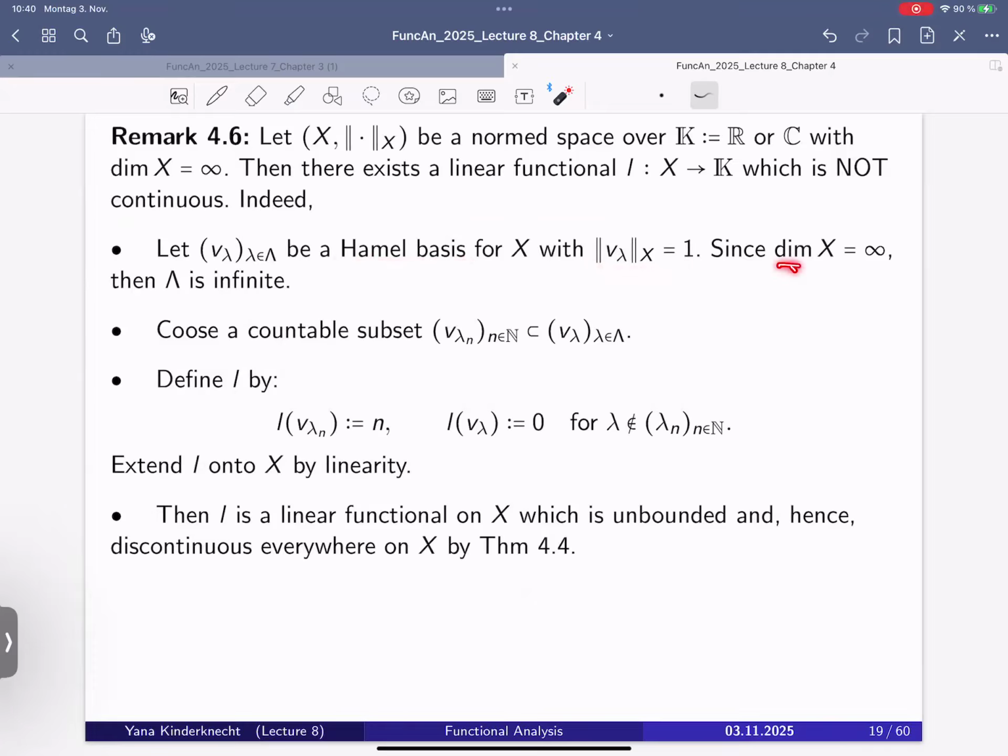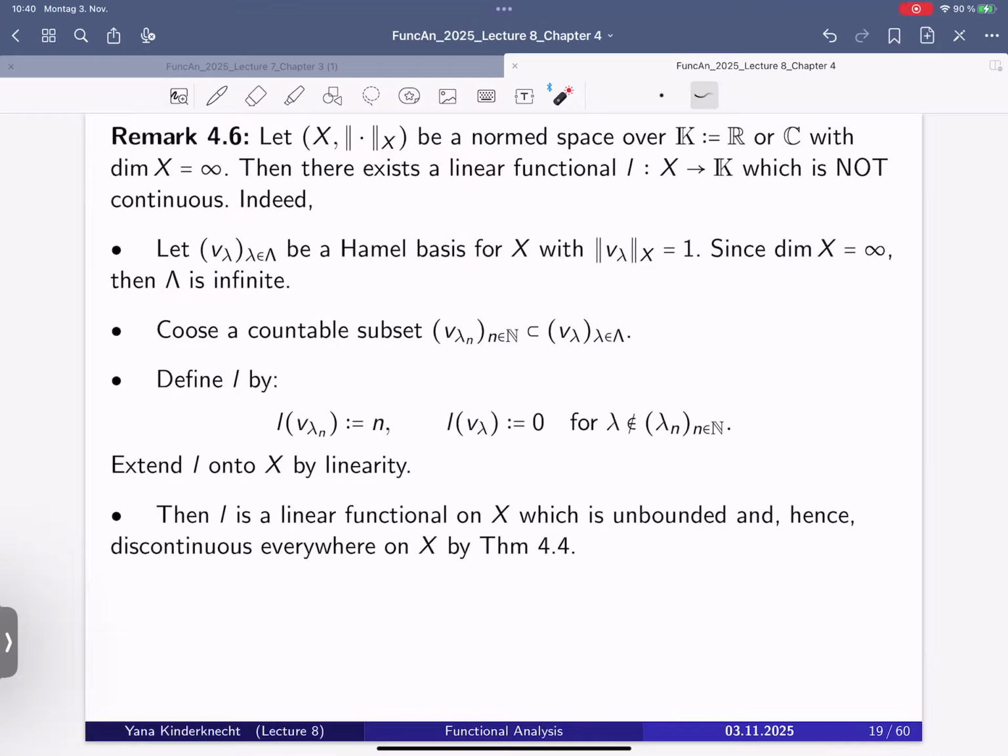Okay, since we know this, we know that this set lambda is an infinite set. So we have infinitely many vectors in the Hamel basis. Since this is not a Banach space, it's not a complete space, we don't know if this Hamel basis is countable or uncountable.